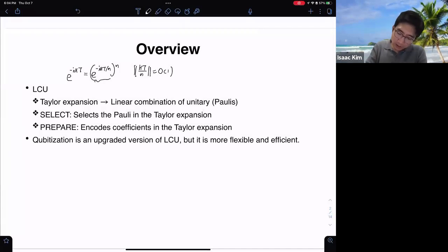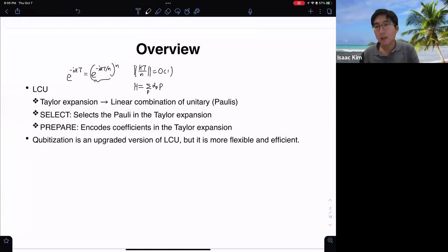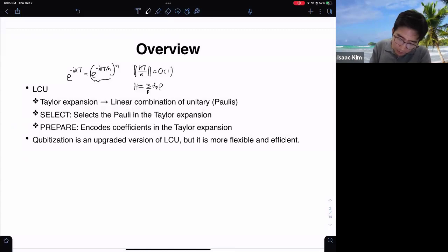Without loss of generality, we can always decompose the Hamiltonian into a sum of unitary operators. If we perform a Taylor expansion, that expansion will again be a sum of unitary operators, because if you multiply two unitaries, you again get a unitary.